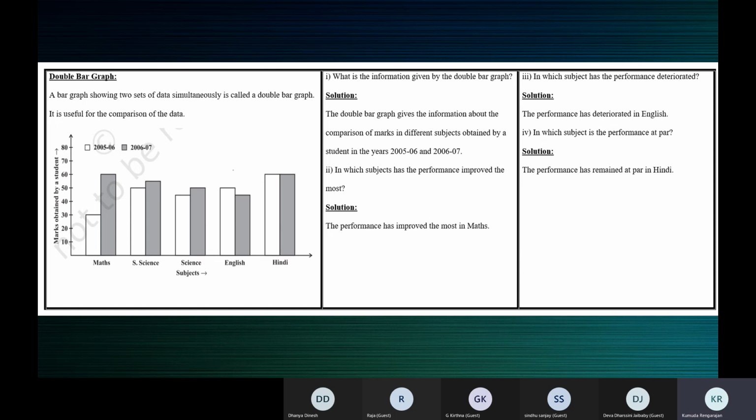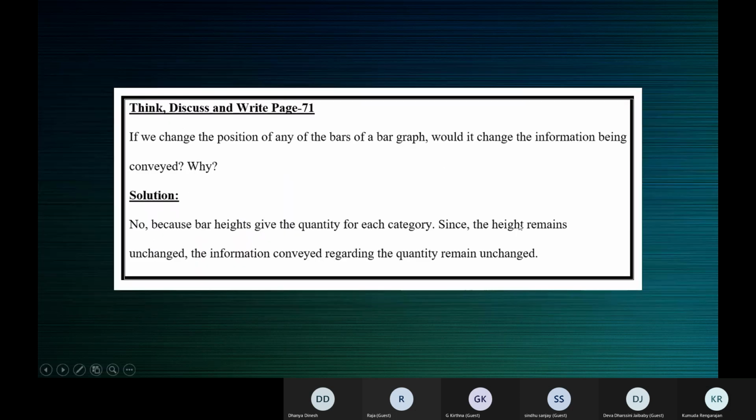Yeah, this is the third slide. Take a screenshot. Fourth one. Ma'am, this one also we need to take screenshot, ma'am. Yeah. Okay, ma'am.